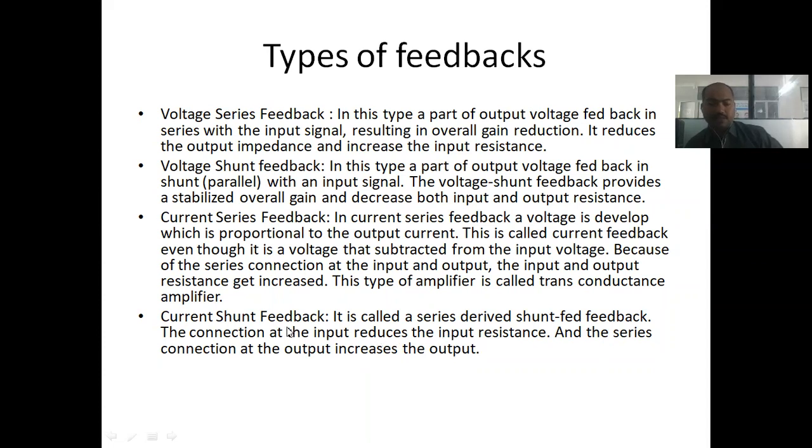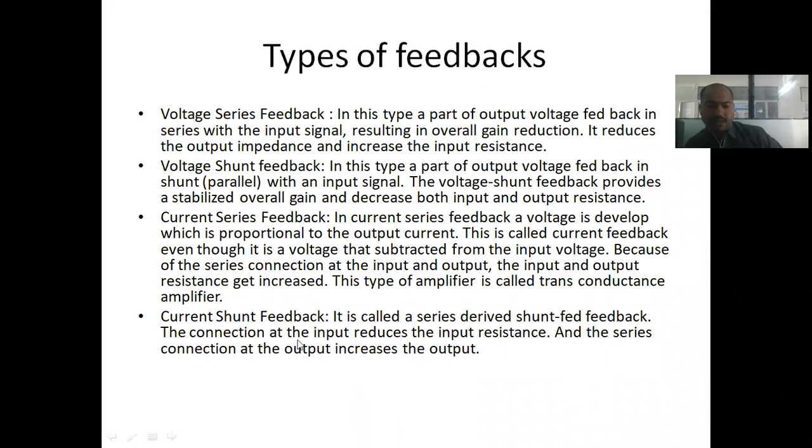Why is it? Because when we use current shunt feedback and apply the input as a current, it should be converted into a voltage, because shunt should be applied with the input as a voltage. So when it is applied in parallel, it indicates that it is a voltage. See, I'm telling you, current is seen in a series, and voltage must be seen in a parallel.